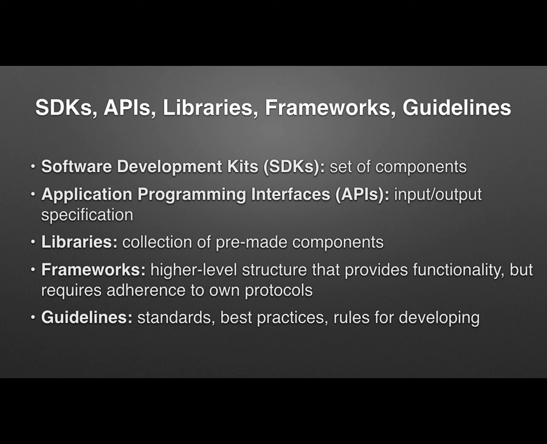A lot of times when we look at libraries, this might just be a collection of components or utilities that you can use in your project. On the other hand, you can also look at things that are more like frameworks, which incorporate components and utilities, but they have specific rules about how you use them. With a framework you typically need to learn a lot more and conform your design methods to the framework.